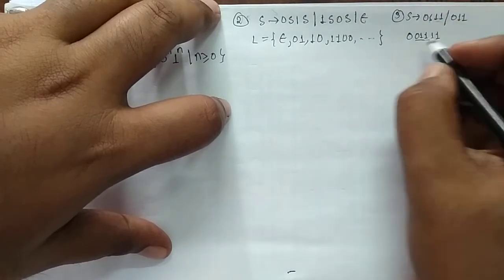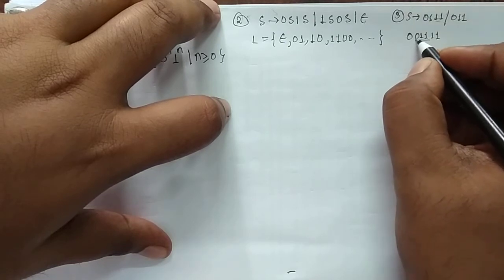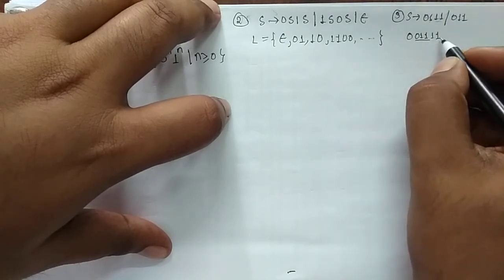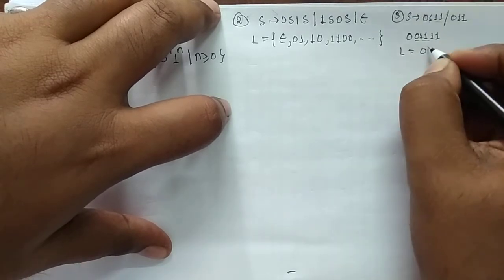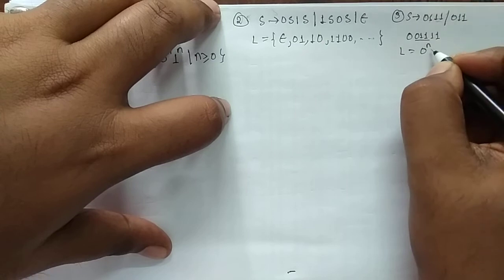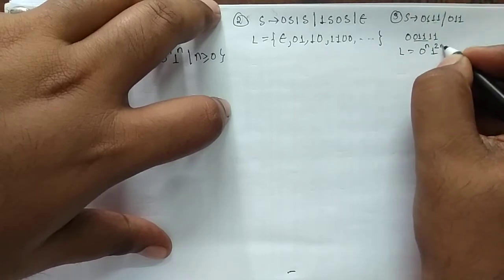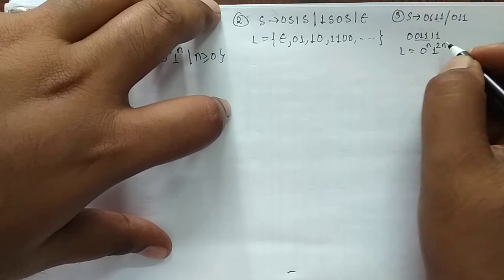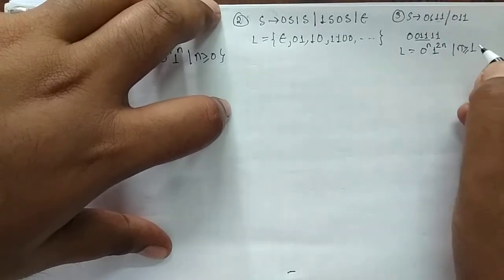You see that the number of 0s is 2 and the number of 1s is 4, that is double. So the language you are generating has n 0s and 2n 1s, because it is double of n, where n is greater than or equal to 1.